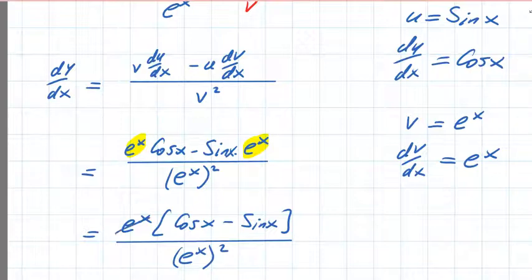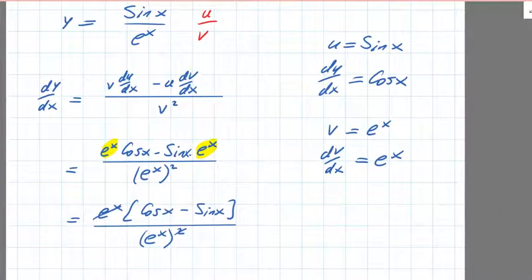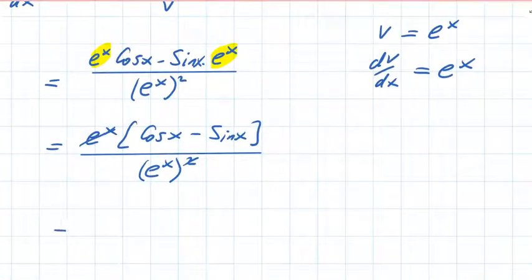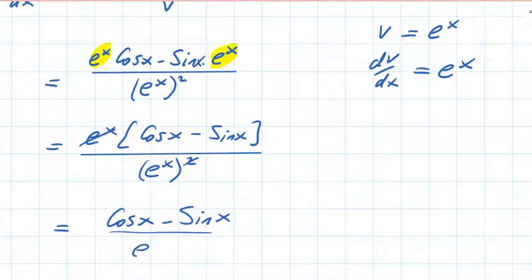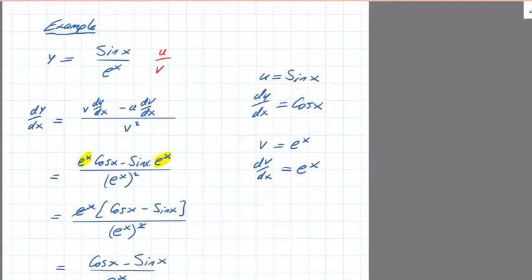So now one of these e to the power of x's below the line is cancelled with the one above the line. So that just becomes e to the power of x. And that's about it really. We can't make it any simpler than that. So the final answer there is cos x minus sine x, all divided by e to the power of x. And that's it. So there are two examples on the quotient rule.